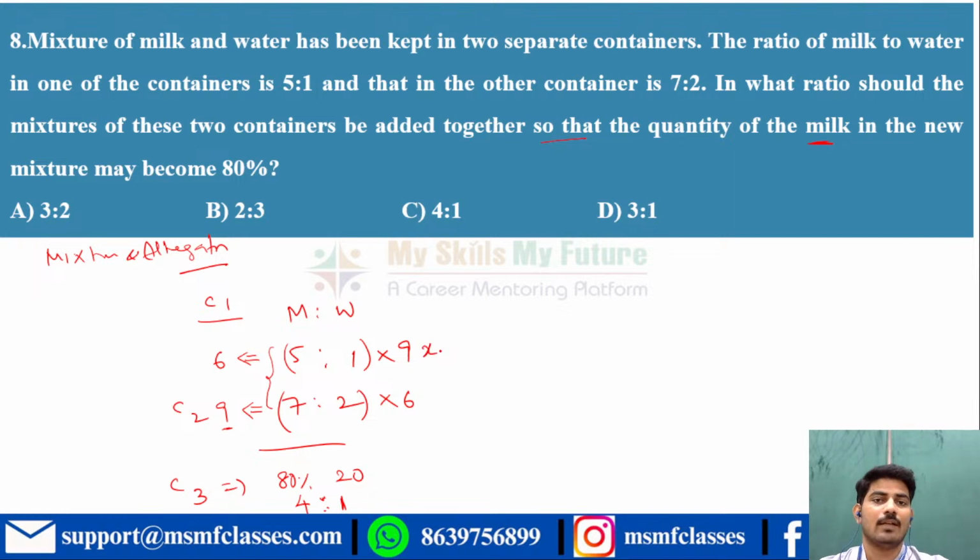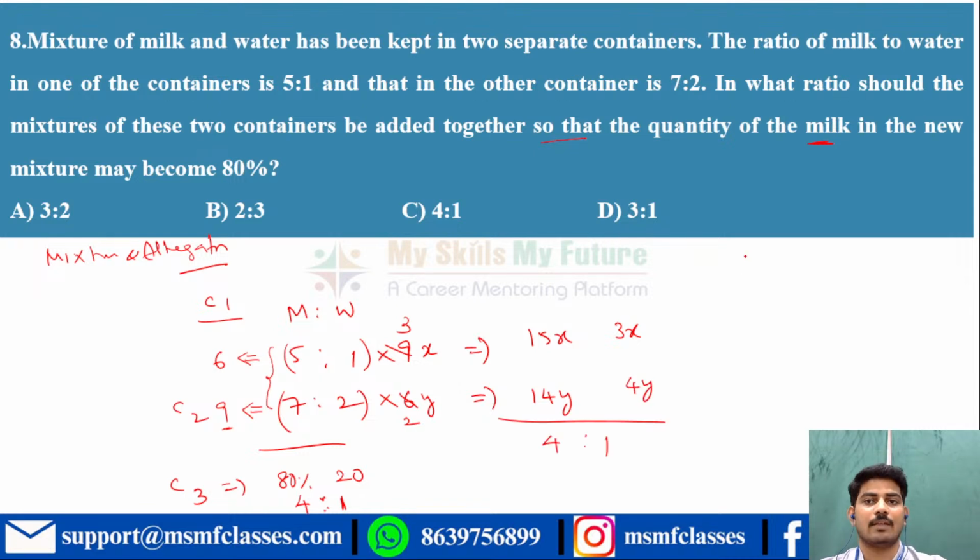So I'll take this one as x and this one as y. 6 and 9 have a common factor 3, so 3 gets cancelled, giving 2 and 3. So this will be 3x into 5, that is 15x, and 3x; and 2y into 7, that is 14y, and 4y. It will be a 4:1 ratio.